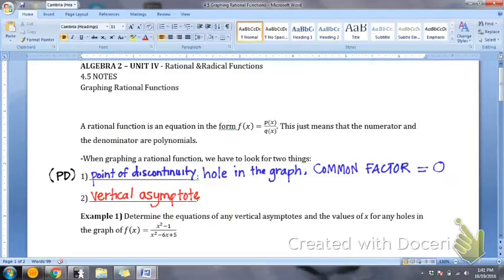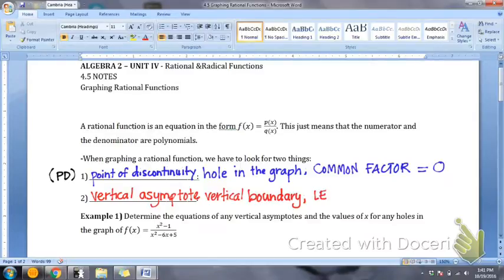Not the vertical line test, but it is a vertical boundary, and we find it by looking at whatever is left over in the denominator.